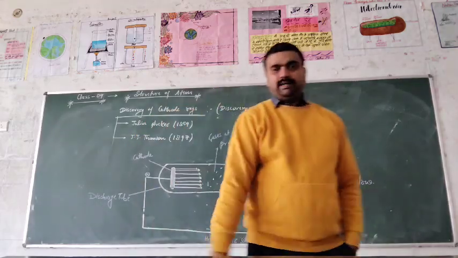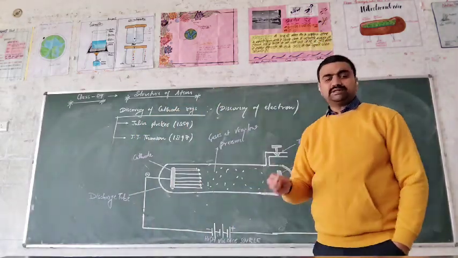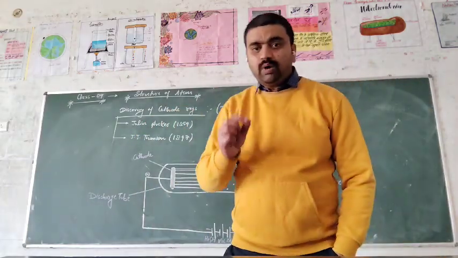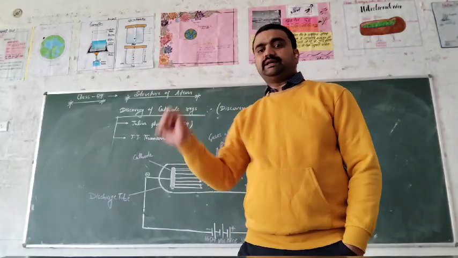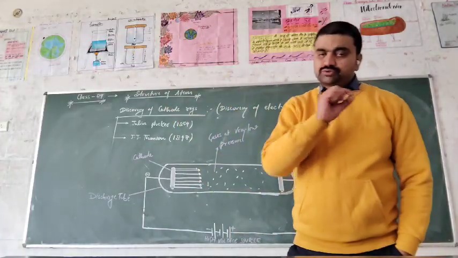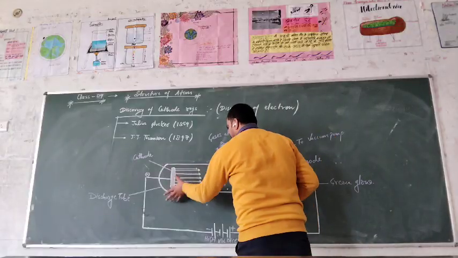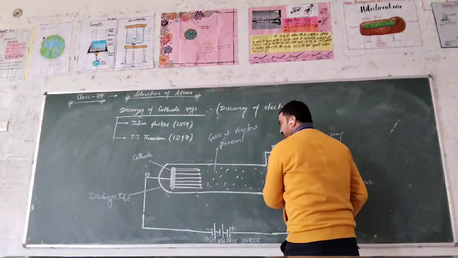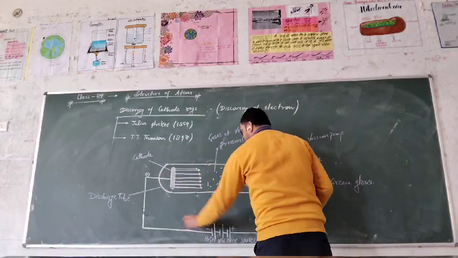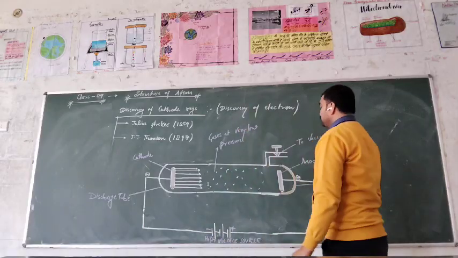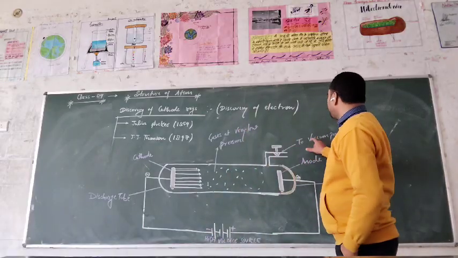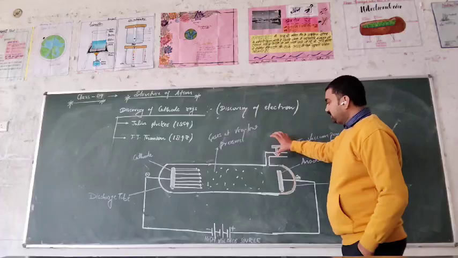In this experiment, the scientist Julius Plucker wanted to pass electricity, or electric current, through gases. So this is the whole apparatus: the discharge tube, metal rod, cathode, anode, and this is the wire which is connected to the high voltage source.